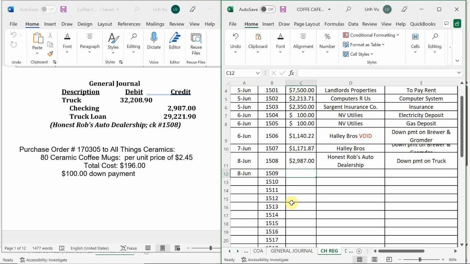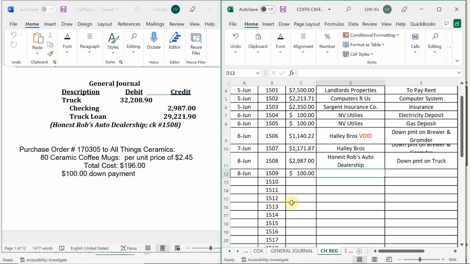Check 1509. How much did I spend? $100. Who did I purchase this from? It's called All Things Ceramics. I'm not on the truck anymore.